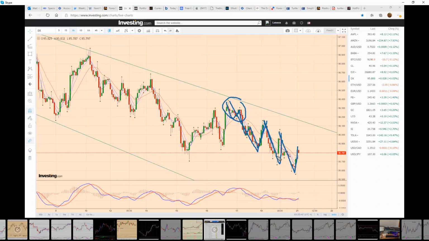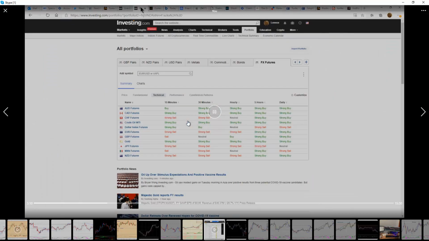So this one is being retraced by this one, and the expected move would be again to the downside. So not looking to go long at all, just looking to go to the downside for the US dollar. So weakness in the US dollar gives us opportunities in the major pairs. So we will take a look at that. Let's take a quick look at the portfolio.